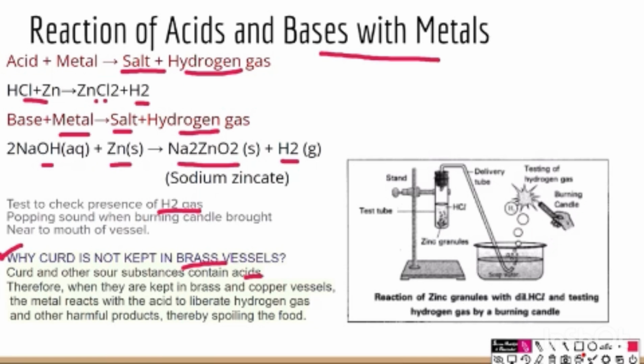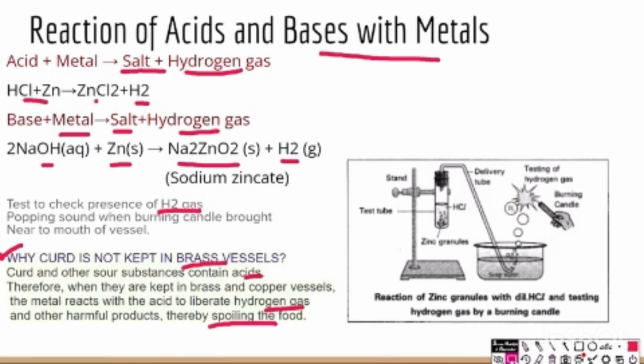So the reaction will produce a salt, which may be toxic or poisonous, and hydrogen gas is also liberated, which can spoil the food item. That is why we do not keep curd or any other sour substance in metallic vessels, because they can spoil the food due to the liberation of hydrogen gas.